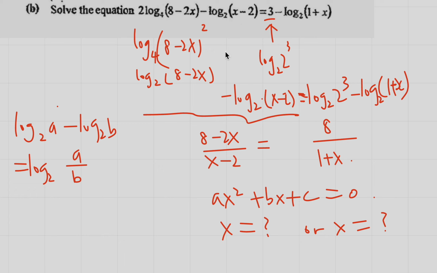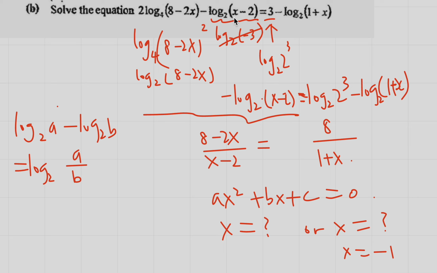If your x happens to be a negative number, let's say negative 1 or negative something else, your log 2 bracket will become log 2 of negative 3. And this will make this term invalid. It's an error.